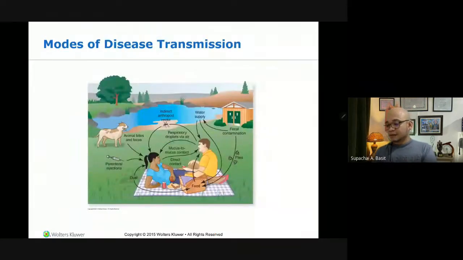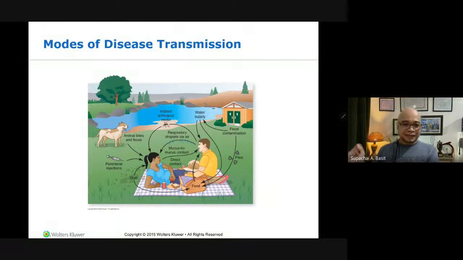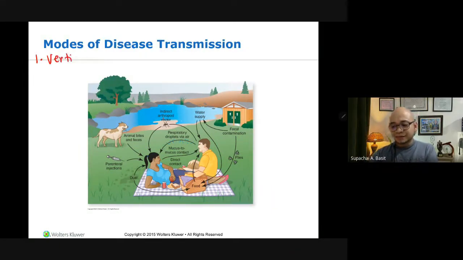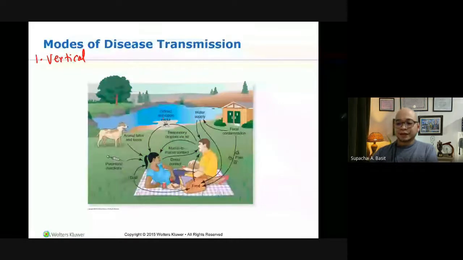Okay? So this particular picture will tell us the different modes of disease transmission. By the way, there are actually two types of mode of disease transmission. The first one is called vertical, and the other one is horizontal.